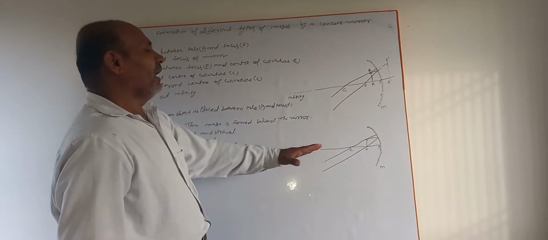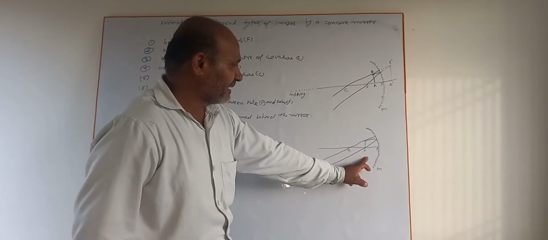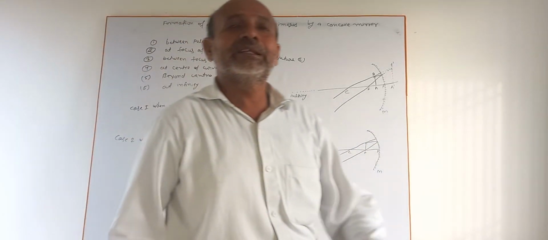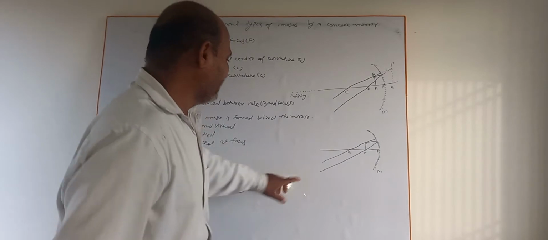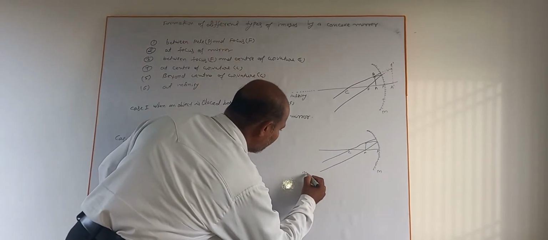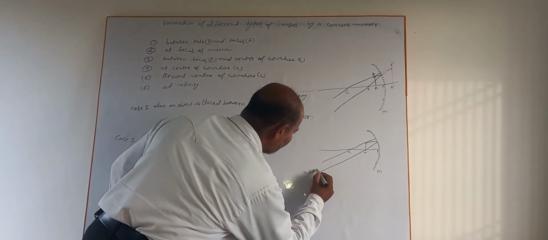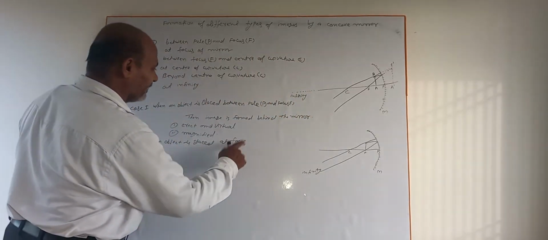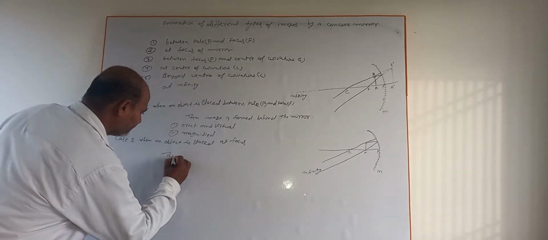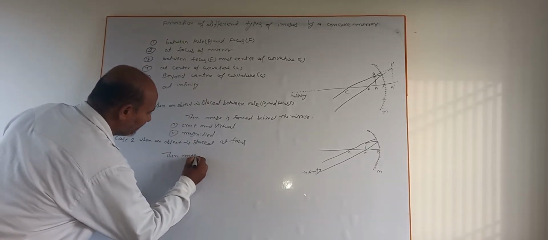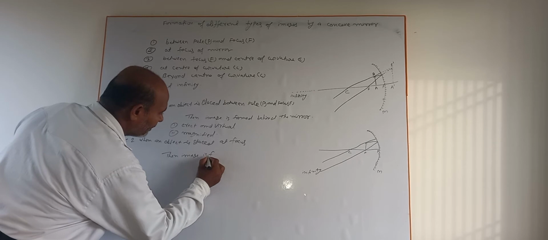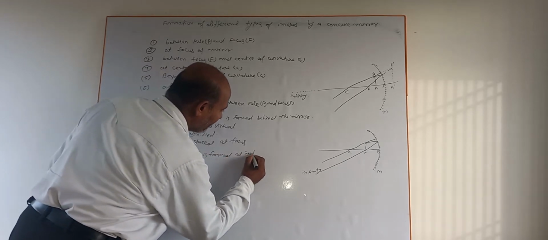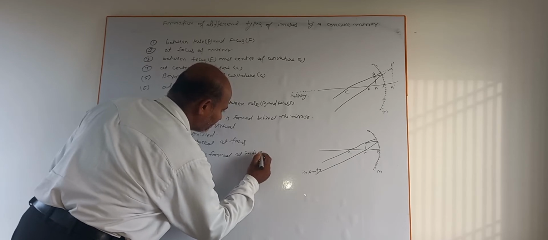When an object is placed at focus of a concave mirror, then the image is formed at infinity.